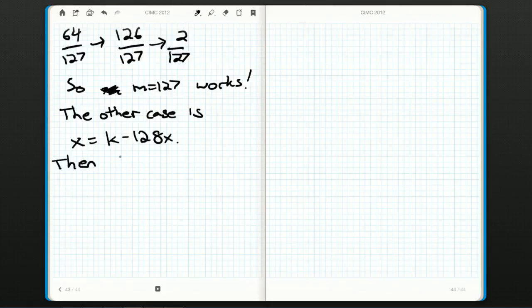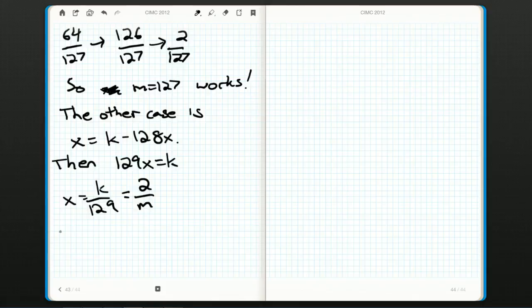So then bringing this over to the other side, we get 129x equals k. So k is still an even integer. And we know that x is going to look like 2 over m. Okay, and m is still going to be positive. It's got to be greater than 3, in fact. So km equals 2 times 129.